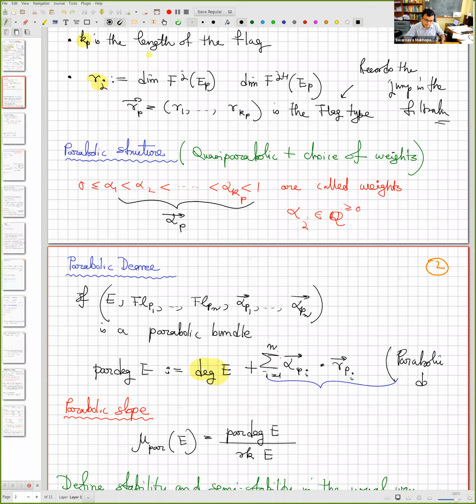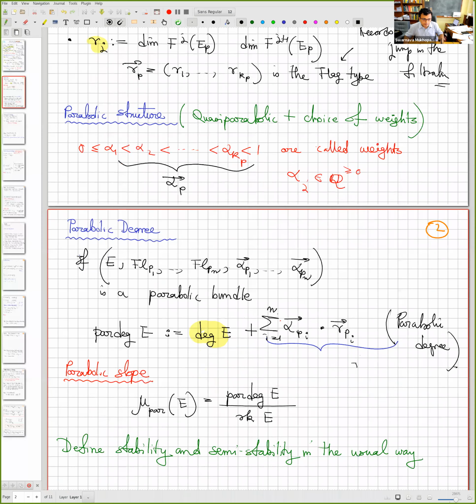And as you can imagine, if n equal to 0, then the parabolic degree of E is equal to the usual degree. Okay, so then one can define the usual slope. The parabolic slope is just the parabolic degree divided by the rank of the bundle. Okay, so that's the parabolic slope.